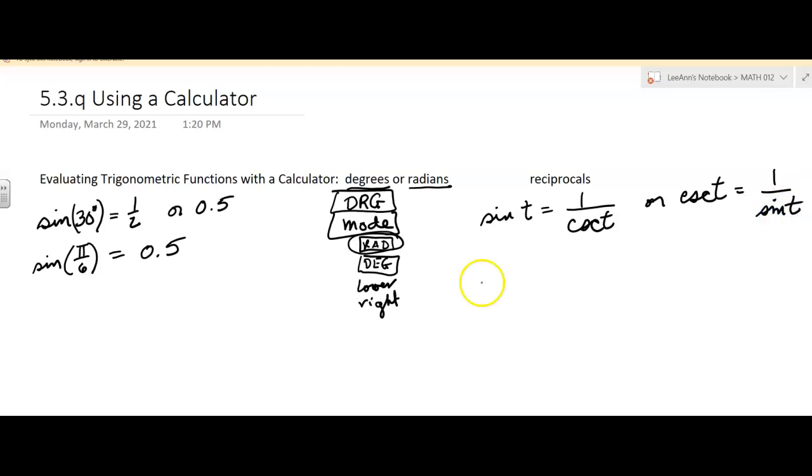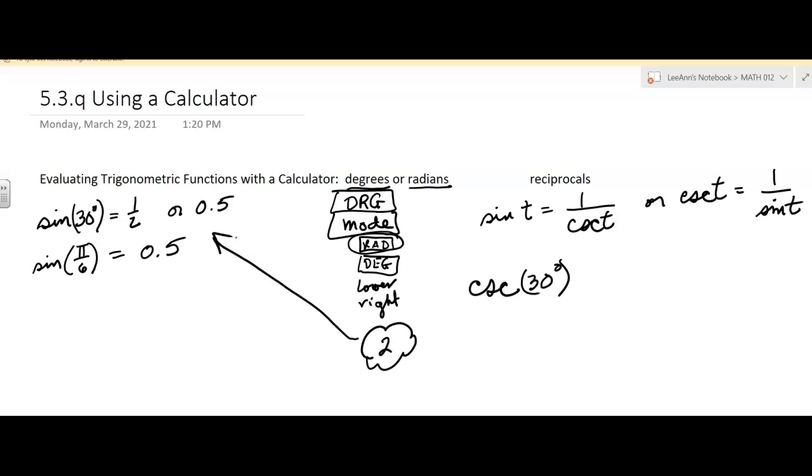Now let's say I want to find the cosecant of 30 degrees. We already know what that is because this is a special angle. But we're going to show you how to do it on your calculator. We know the answer is 2, because it's the reciprocal of the sine.